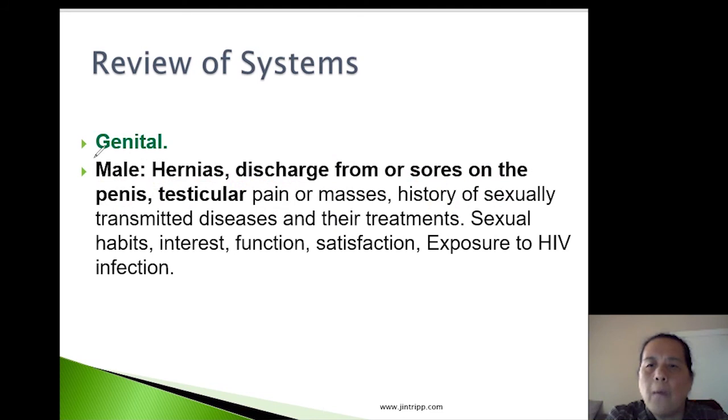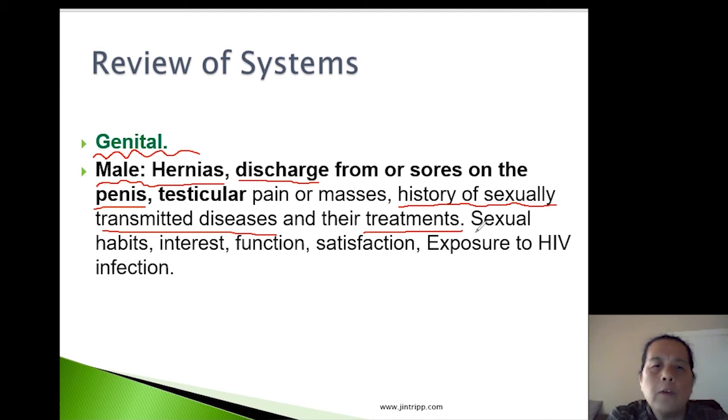Then some questions relationship with genitals. For the male, like hemorrhage, and some discharge coming from the penis. And also we need to ask some history about sexually transmitted illness, and if they got treatment before.